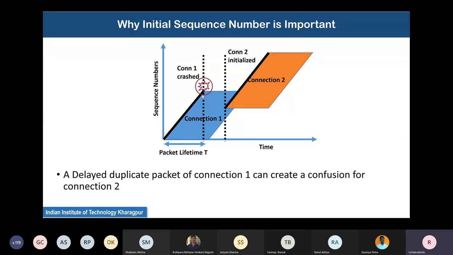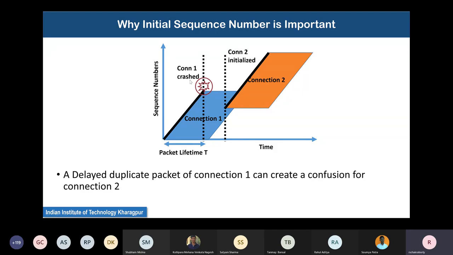It is increasing linearly over time because every byte increases the sequence number by 1. At some point of time, the connection crashes.